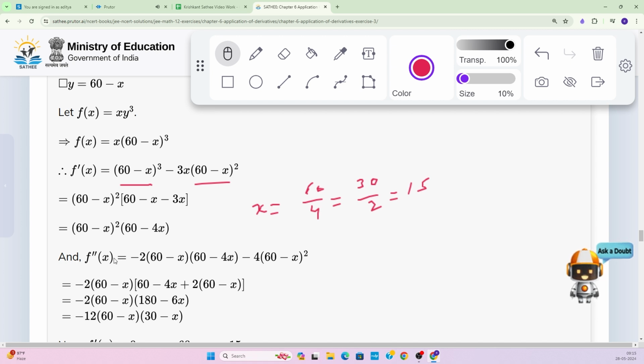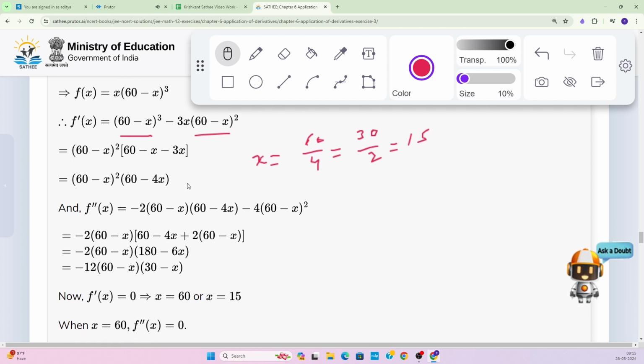Now if you want to find the second derivative, you will have (60 − 4x) as it is, and this will be −2 multiplied with (60 − x). Now the derivative for this will be −4, so −4 multiplied with this. Now as you can see, I can take (60 − 4x) common, and also the −2 common.